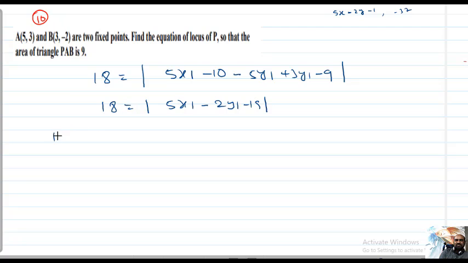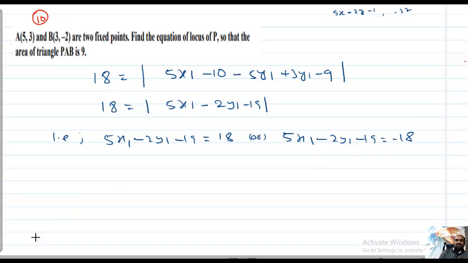That is, 5x1 minus 2y1 minus 19 equal to 18, or 5x1 minus 2y1 minus 19 equal to minus 18. What it gives? 5x1 minus 2y1 minus 37 equal to 0, or 5x1 minus 2y1 minus 1 equal to 0.